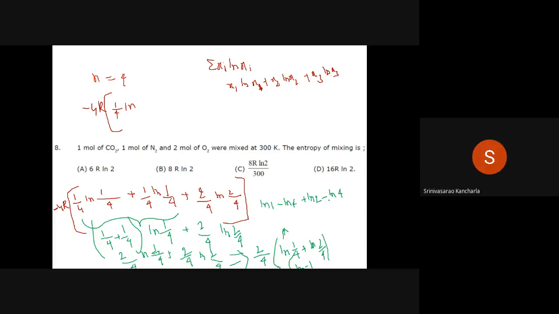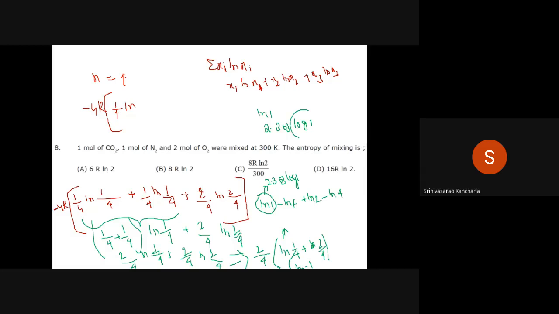All you can convert in terms of ln 2, right? So ln 1, natural log of 1, you can omit it. If you go for base 10, I'm writing natural log 1 as 2.303 logarithm base 10.